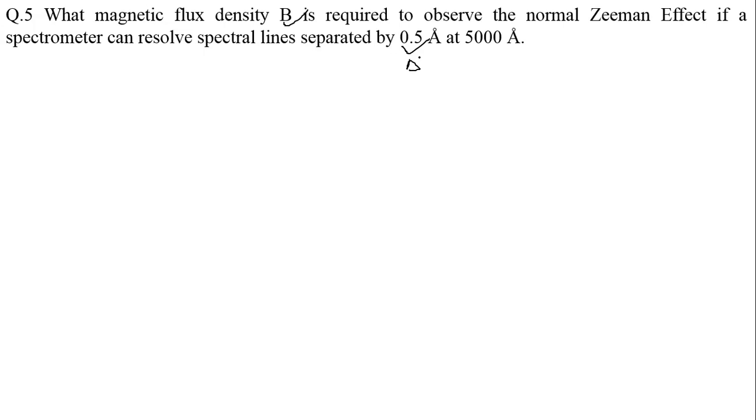Delta lambda is the minimum separation between two wavelengths which the spectrometer can resolve. So here delta lambda is given, and we want to calculate the value of B. In the previous case lambda was 6438, but here lambda is 5000 Angstrom.